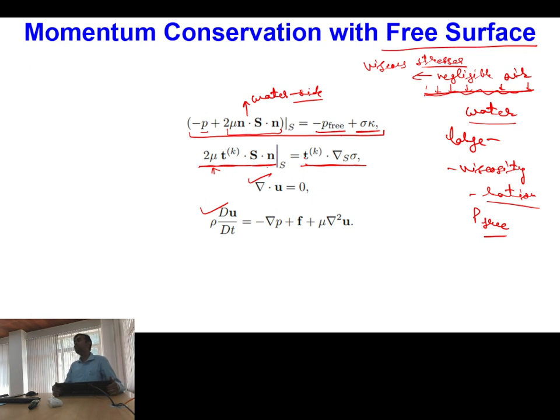If you have to solve a system with a free surface and your interest is only to determine the characteristics within the high viscosity part, and you don't want to study what is happening within the low viscosity portion, for example in rivers, lakes and water bodies, your major interest may be how the water surface is deforming in your ocean, because depending upon the deformation of the water surface, there can be formation of water waves, and atomization of water droplets.